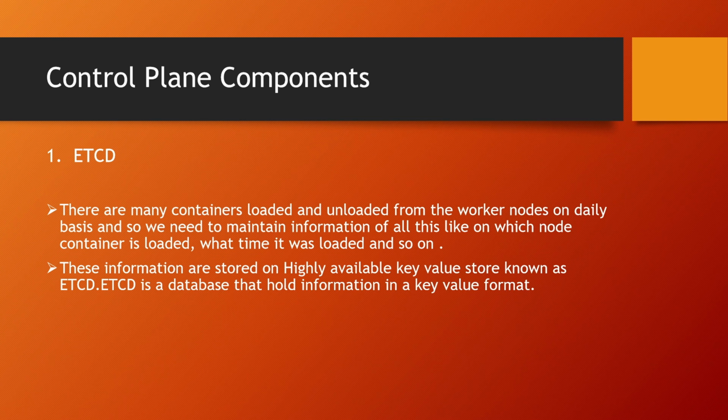All the minor details are stored in your etcd database. This is the first control plane component in the Kubernetes cluster, which is deployed on the master node, because the master node only holds this particular information of the Kubernetes cluster.